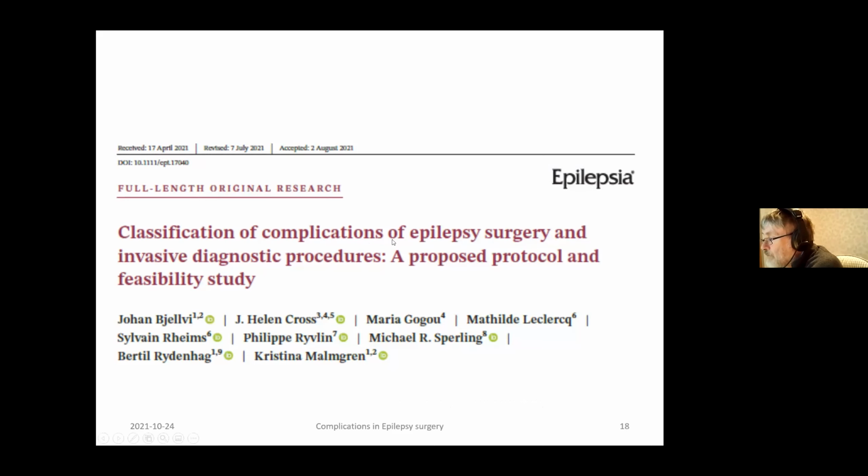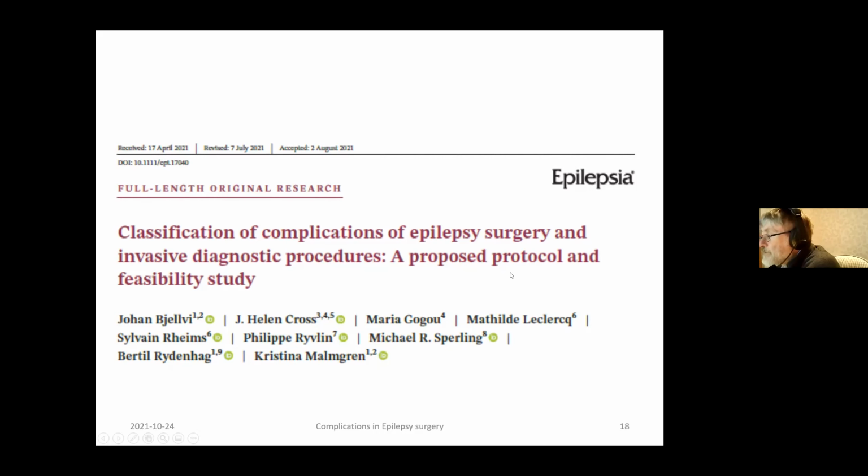So Johan Bjellvi and several others have gone through the possibility to unify the classification of complications. In short, if you have a bleeding after a subdural recording or ECoG electrode, but it doesn't mean anything to the patient, you can report it as a subdural hematoma or intracerebral hematoma, and you can report it as no consequence for the patient.